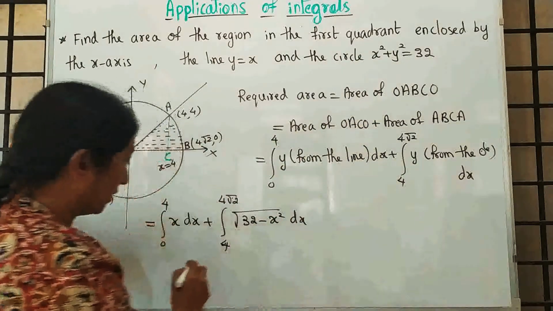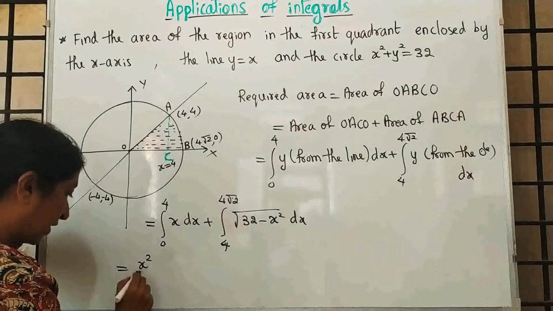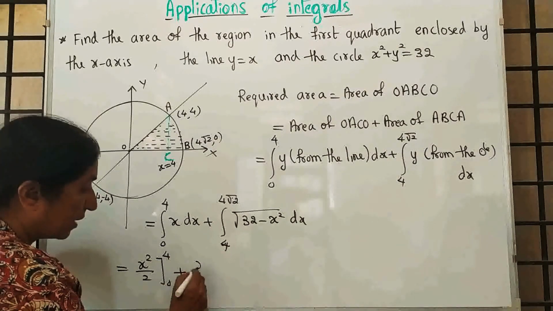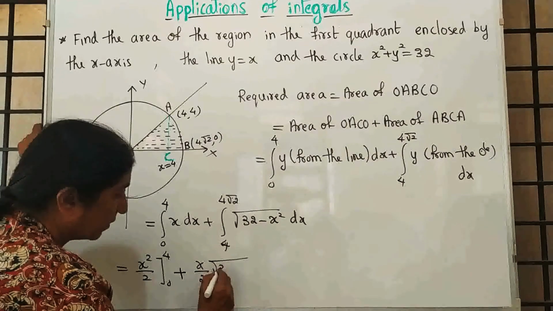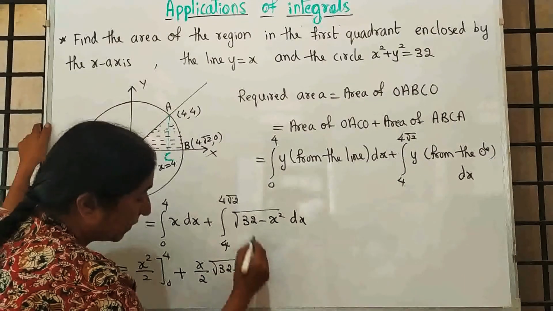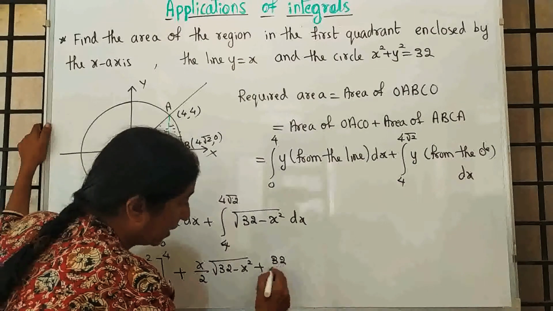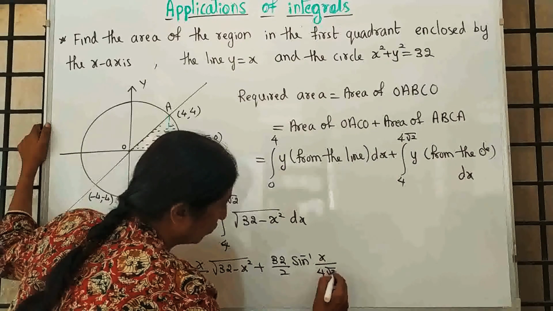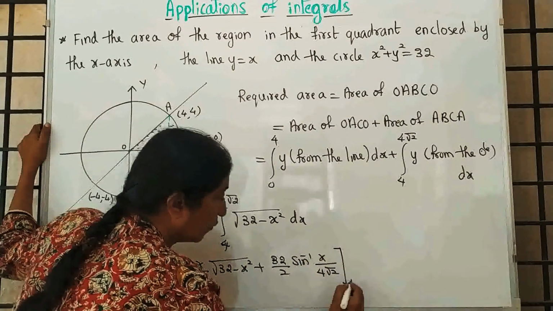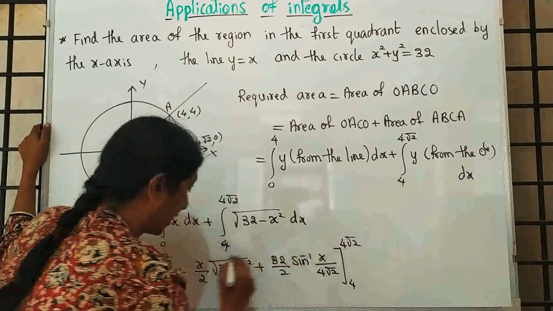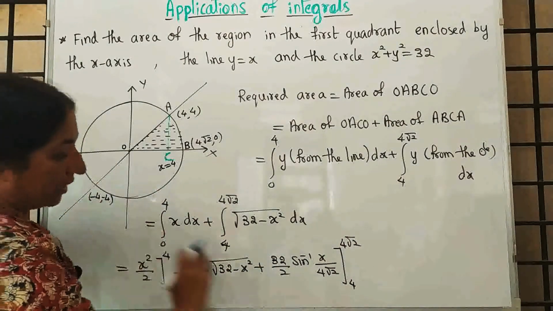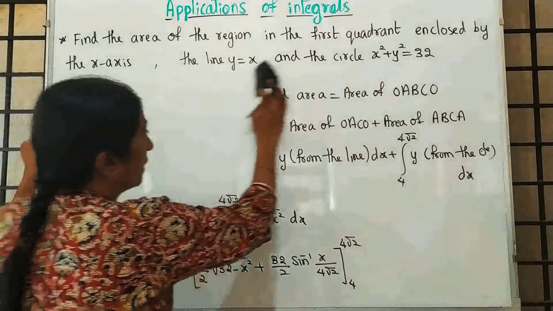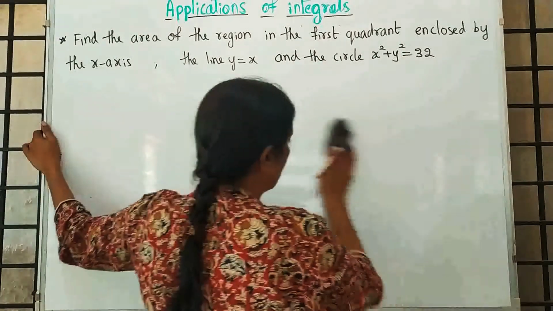When you are solving this, the integration of x is x square by 2 from 0 to 4, plus x by 2 root of 32 minus x square plus a square by 2, that is 32 by 2, sin inverse of x by a, that is x by 4 root 2, from 4 to 4 root 2. To write this step we have to write carefully. Now the next step is substitution. We have to substitute these values.